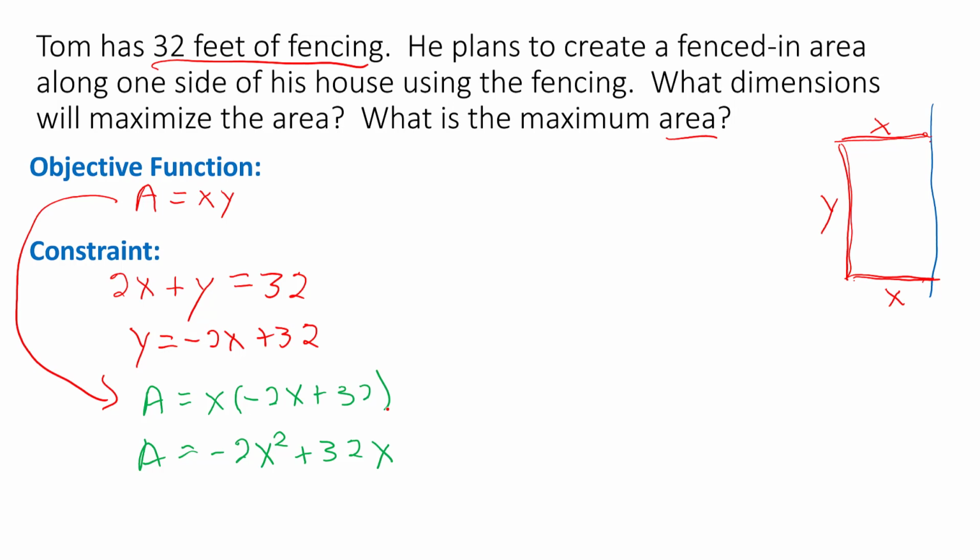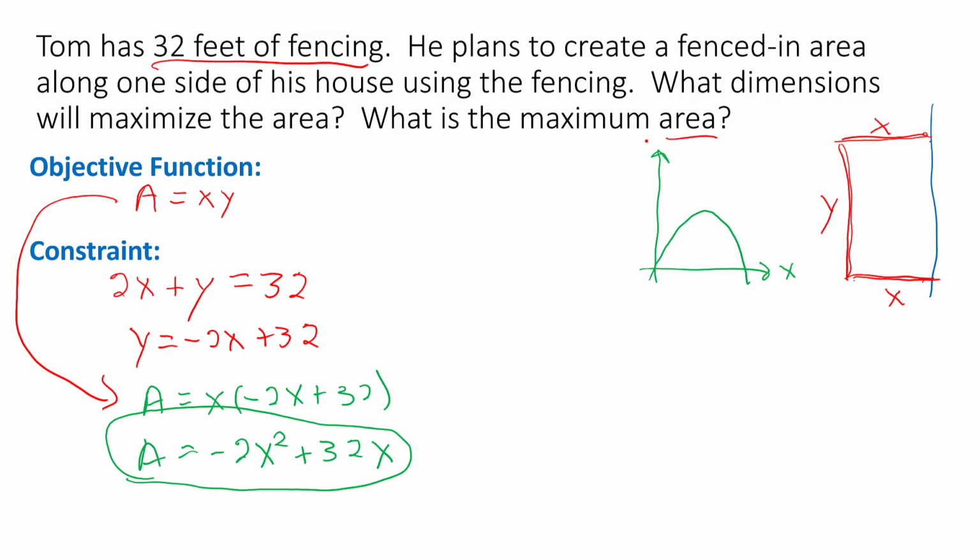Well, again, if we sketched a graph here, kind of like in the last problem, what we'd have going on would be a parabola, and if you look at our area function here, we have a parabola that opens down. It's going to go through the point (0, 0), right? If we set x equal to 0, then A would be equal to 0.